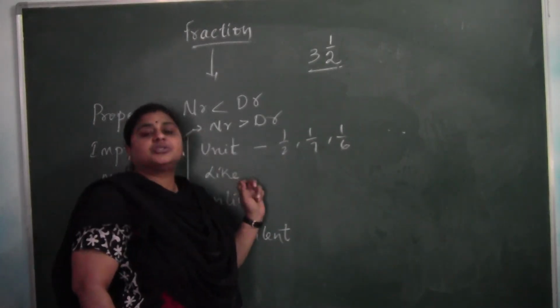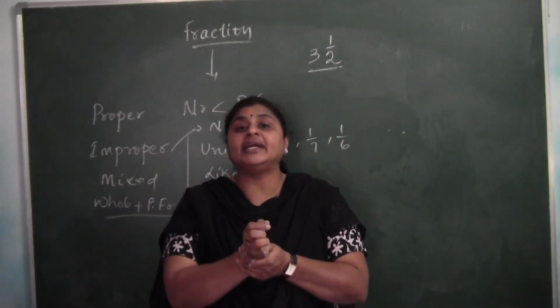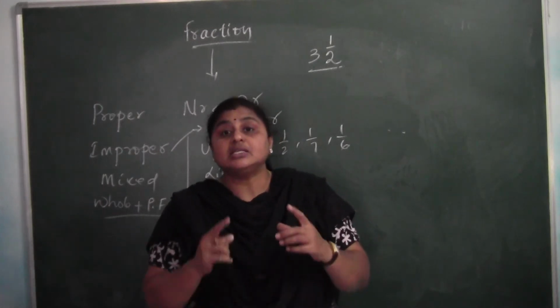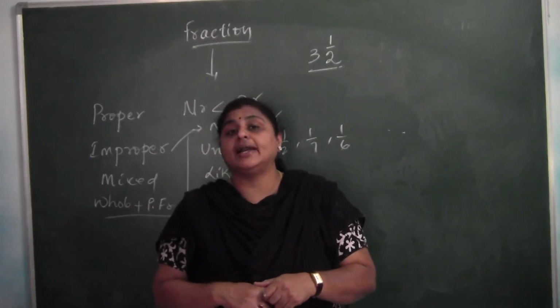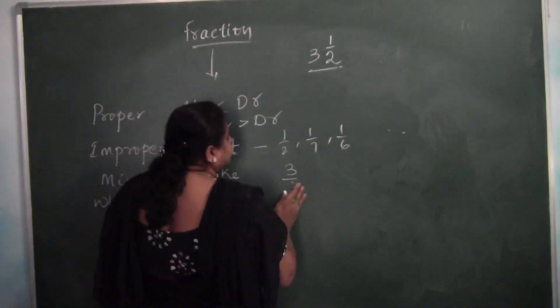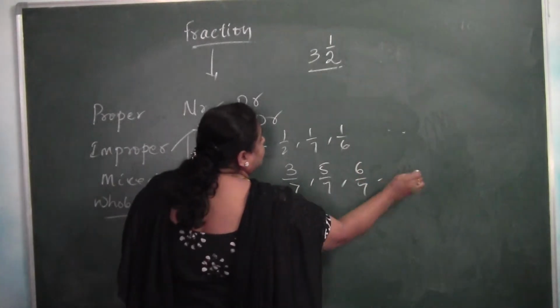Then like fractions. Like fractions are fractions whose denominators are the same. Suppose 3 by 7, 5 by 7, 6 by 7, and so on.